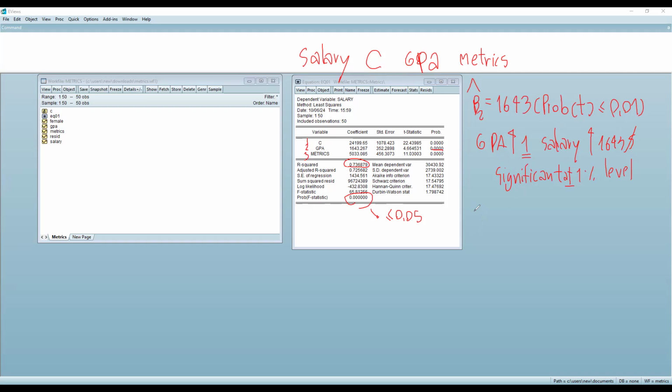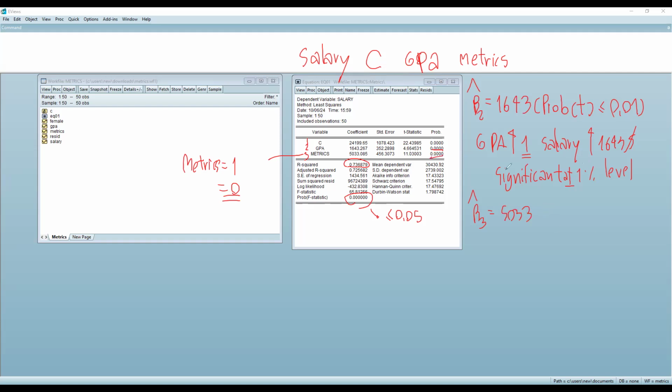But how about beta 3 hat? This is the dummy. If they learn econometrics it equals 1, if they never learn econometrics it equals 0. So how should we interpret?